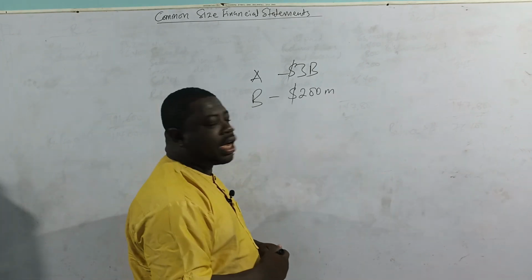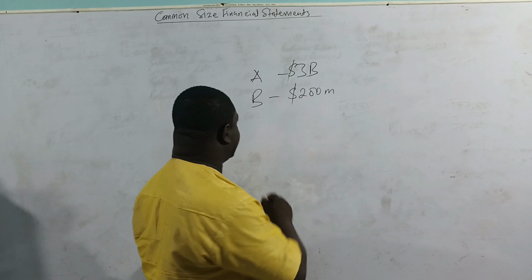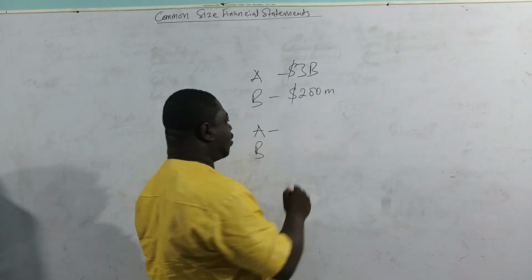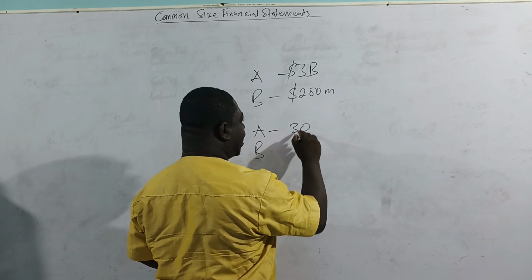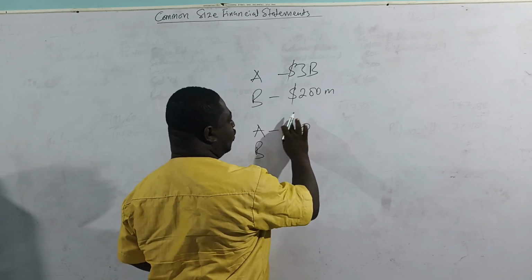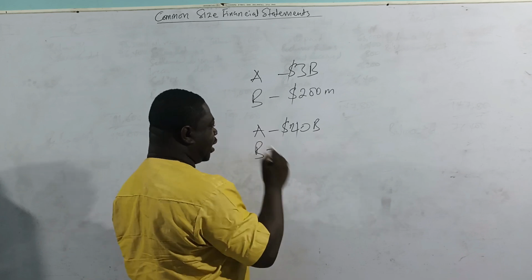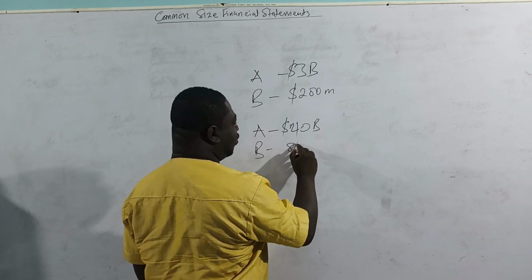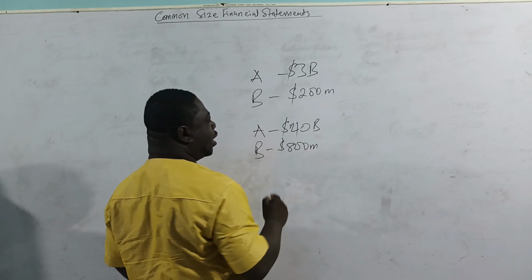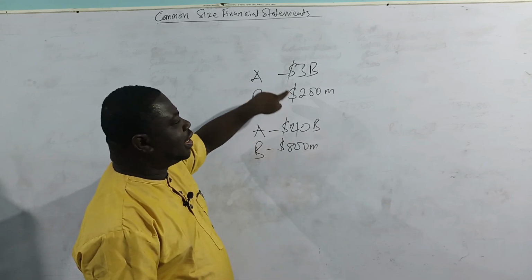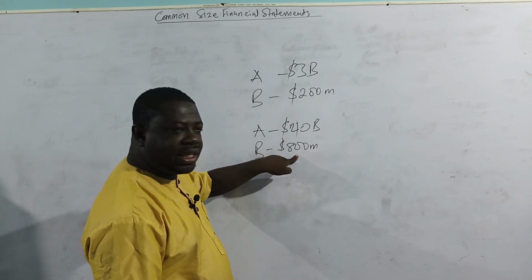Now, another way you can compare is by their total assets. Let's assume that company A's total assets is around 30 or $40 billion, and then company B's total assets is just around $800 million. Now, these are not the same. This is in billions, this is in millions.